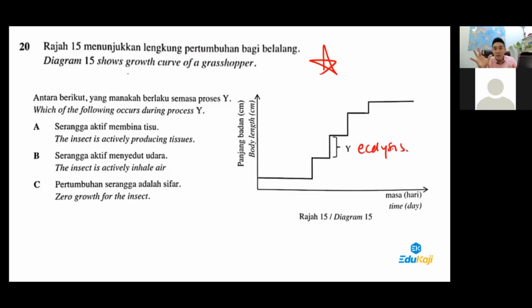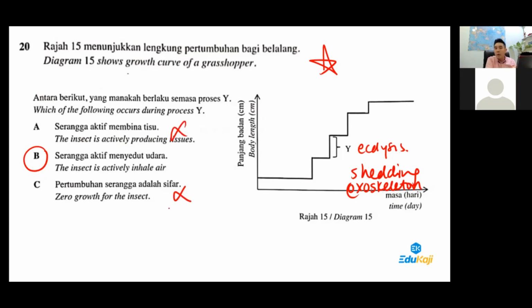Okay, 20. Draw one star because this is to do with ecdysis. During ecdysis, which is the shedding of the exoskeleton, they actually breathe in a lot of air. Guys, they breathe in a lot of air. Answer is B. Okay, A is wrong.